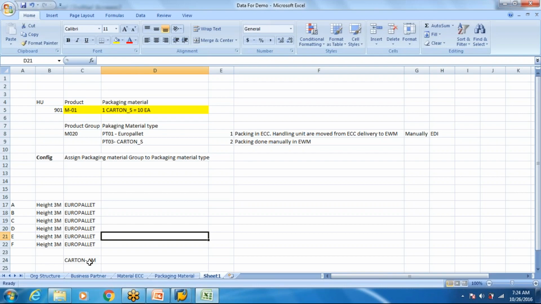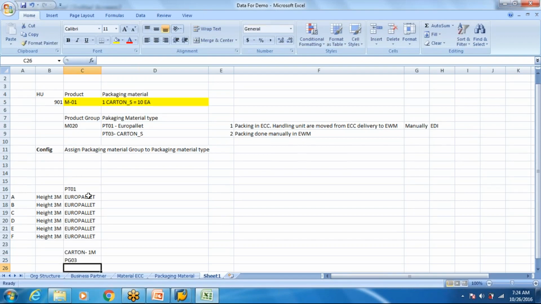So what we do is A, B, C, D, E, we are going to put them in a product group. Okay, so we group all of them together, and this Euro pallet will have a packaging material type, PTO1. And a carton has a different packaging material type, because this packaging material type means the material is different.